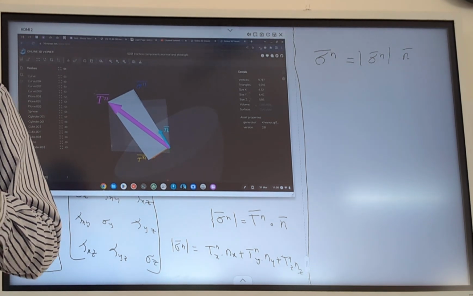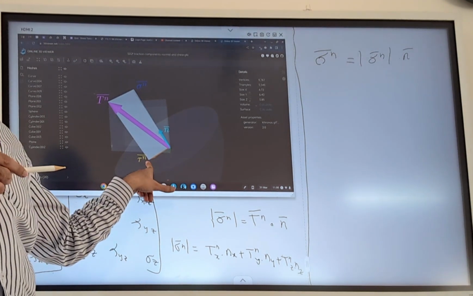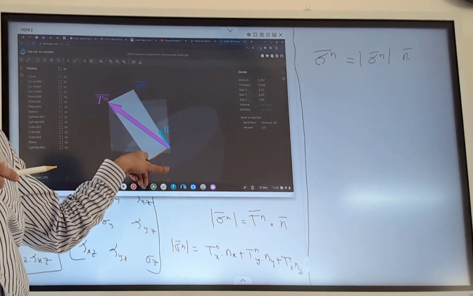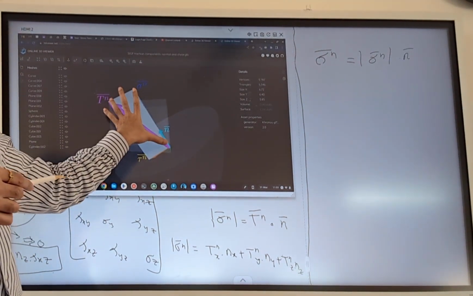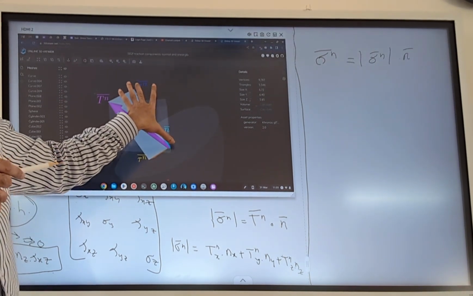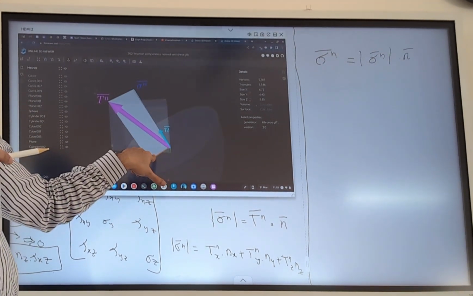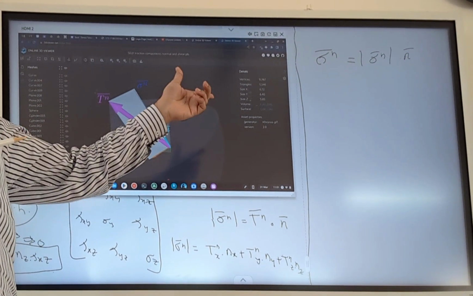That's right. So if I want to know Tn bar in the vector form, this vector is the resultant of sigma n bar and tau n bar. Can you write that in the vector form?